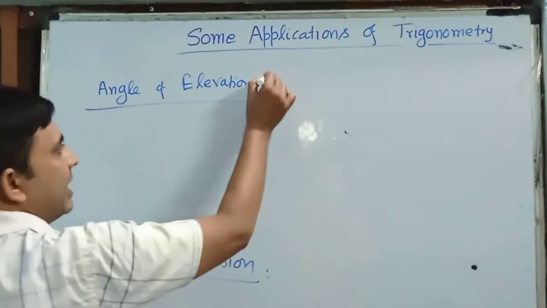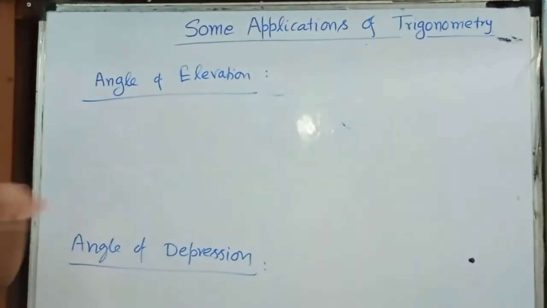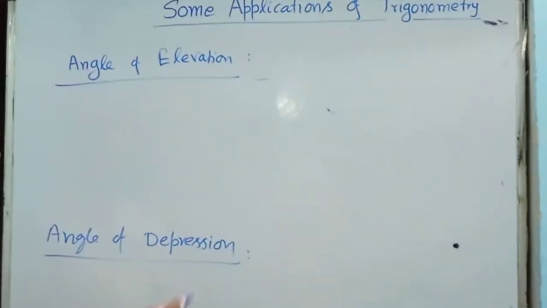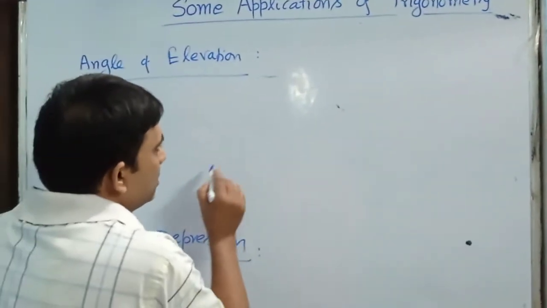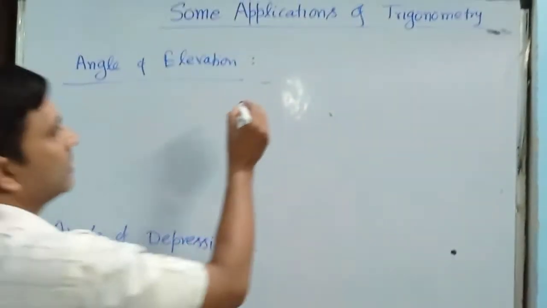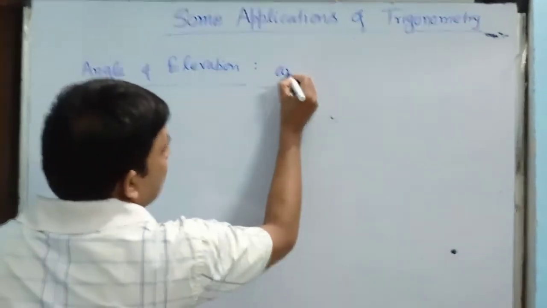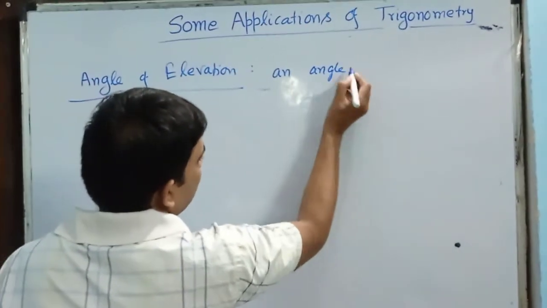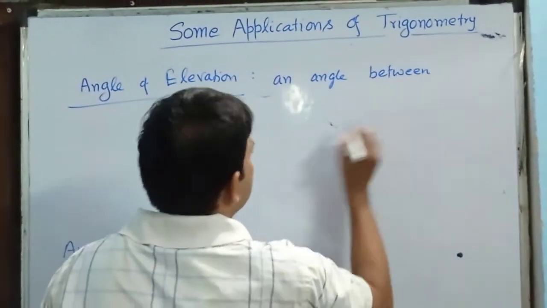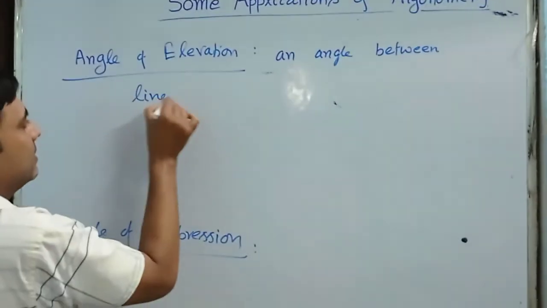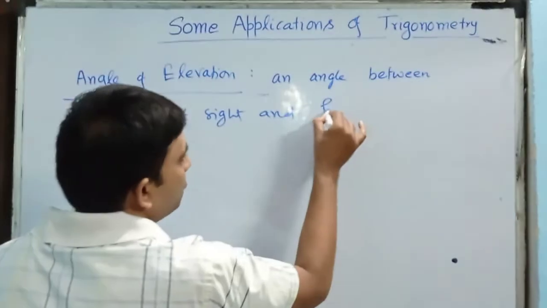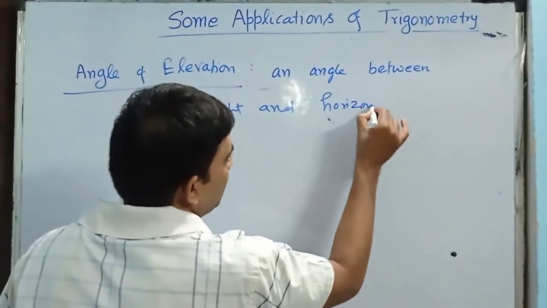See, elevate means to lift, to elevate, elevator, angle of elevation. I am writing its definition. It is an angle between line of sight and horizontal line.